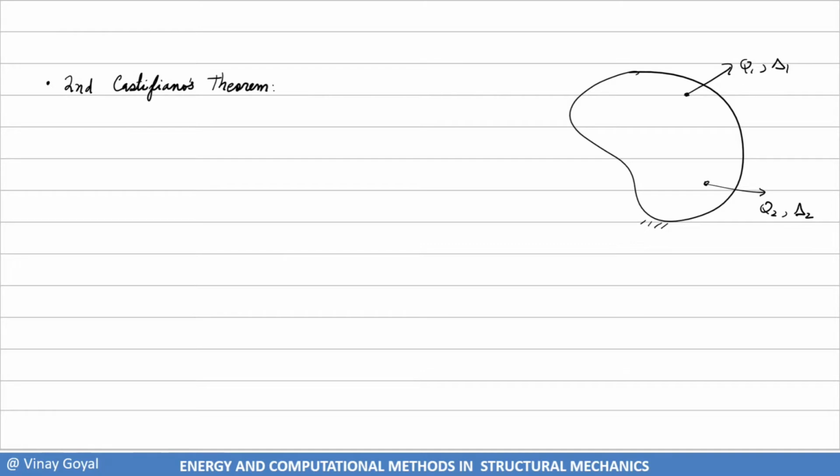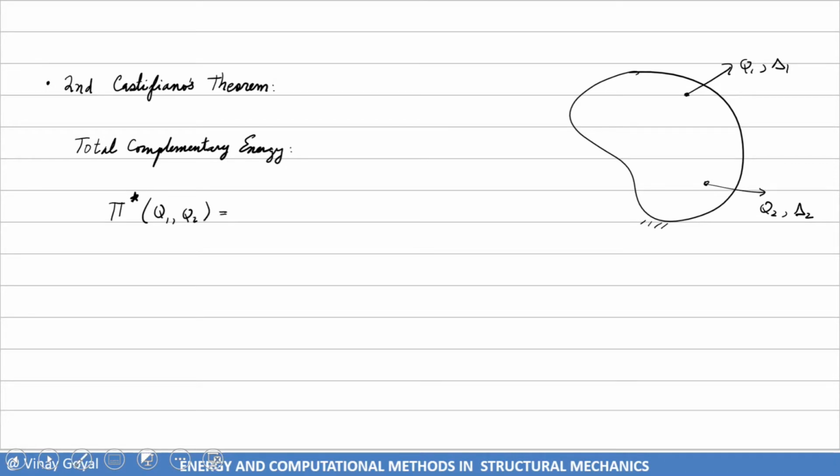In the second Castigliano's theorem, I'm going to consider now the total complementary energy. And in this case, I'm going to say that I want now pi star to depend on the loads that I apply. In this case, Q1 and Q2.